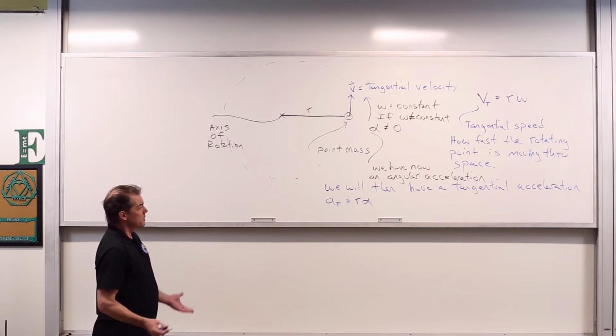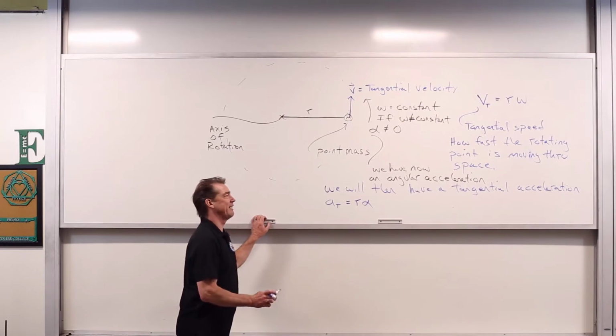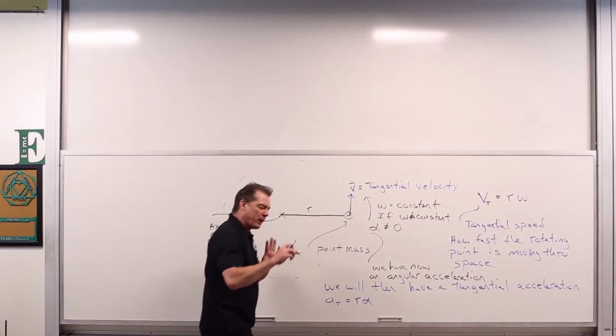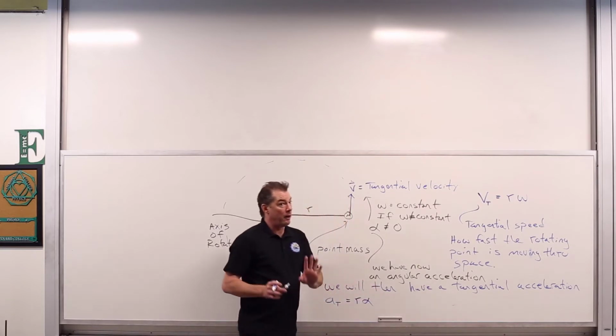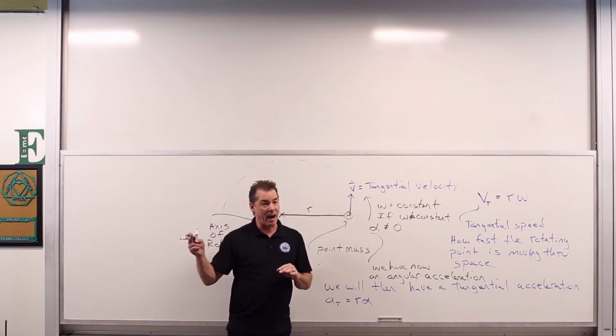All right, so ultimately, what do we have here? The tangential quantities are exactly the same as the translational quantities. The difference really is a matter of being able to discuss different points on a rotating object.